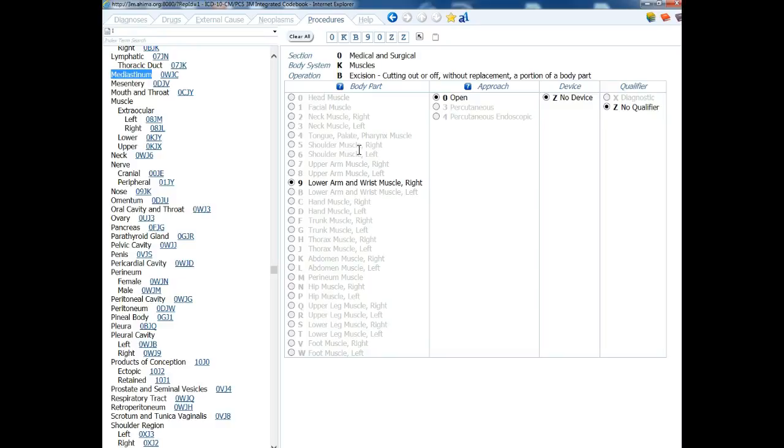So that's the bypass to. So the fourth character, which is the body part, tells us where we went from, and then the qualifier, which is the seventh character, tells us where we went to. And so if we look at this example, bypass from stomach to jejunum, stomach is the body part and jejunum is the qualifier.